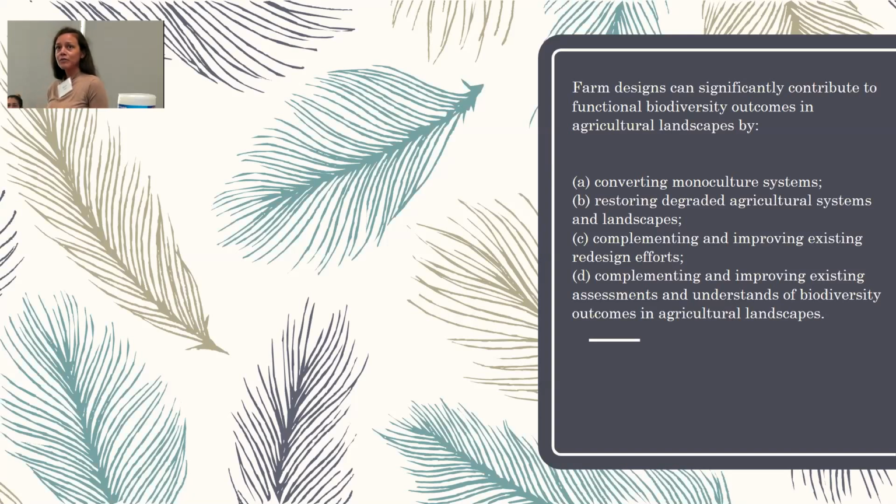That can include the conversion of monoculture systems, restoring degraded agricultural systems and landscapes, or just degraded landscapes that might become actively agricultural. Complementing and improving existing redesign efforts or design efforts, and complementing and improving existing assessments and understandings of biodiversity outcomes in agricultural landscapes.